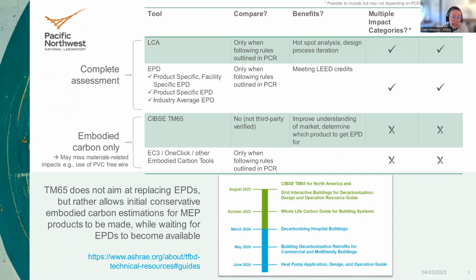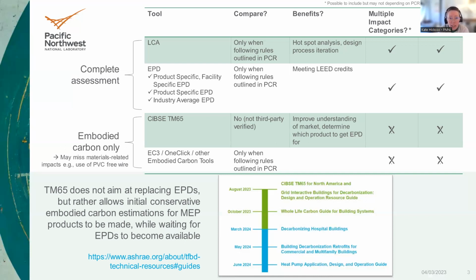One of them is developing the TM65 North American addendum, so this timeline, in the blue and the green, is from the ASHRAE website. The goal is to have that North American addendum out by August. And I'm also working on the whole life carbon guide for building systems, with the goal of that being out in October. So those are two potential resources to keep your eye out for.